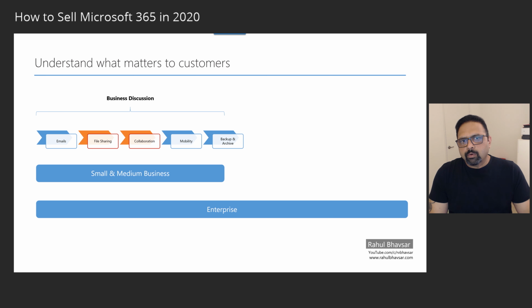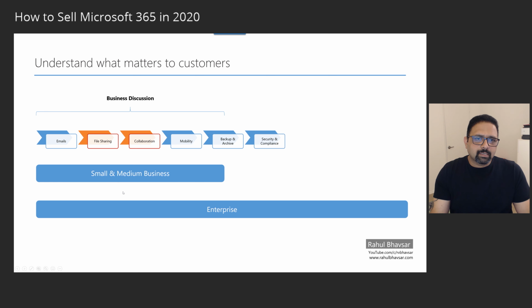And what I want to leave as a thought is that all of these things which I have highlighted, which is email, file sharing, collaboration, mobility, and backup and archive to a certain extent, are all business discussion, which means you want to have these conversations with your business people within the customer, not the IT people. This is a business dialogue. You want to have that conversation in a business way to position this to business people.